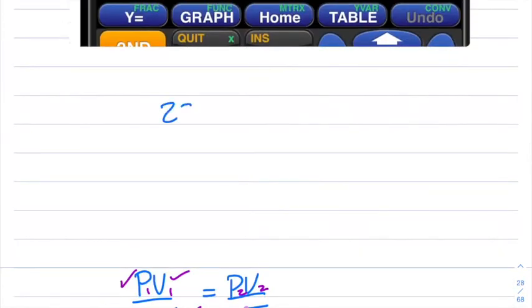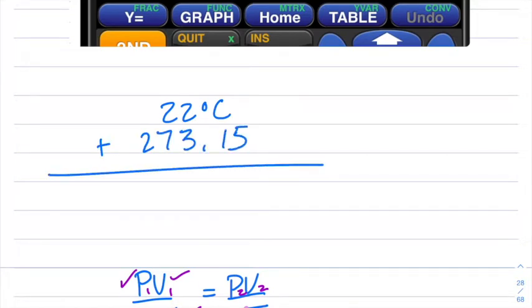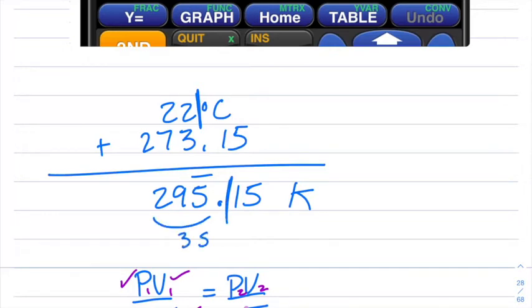So if you had 22 degrees Celsius plus 273.15, technically when you do this, 22 plus 273 becomes 295. The 0.15 isn't part of the sig figs because our addition and subtraction rule says digits after the decimal, and 22 had no digits after the decimal, so this answer wouldn't either.